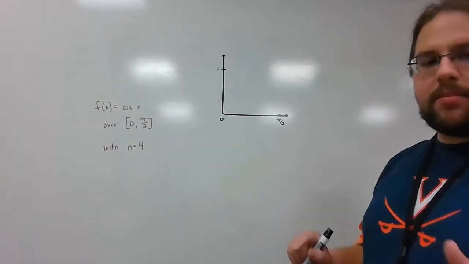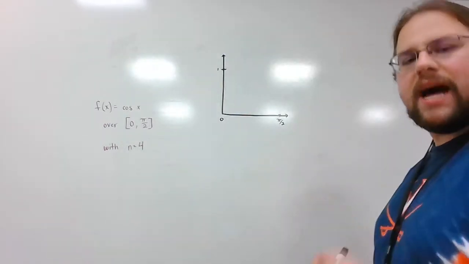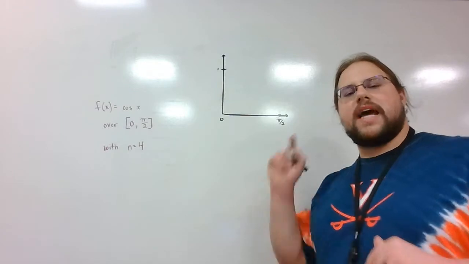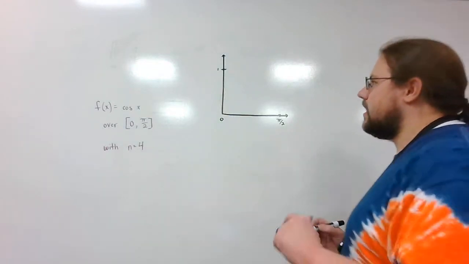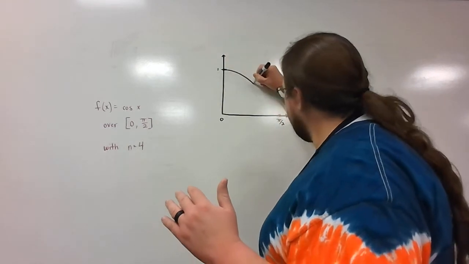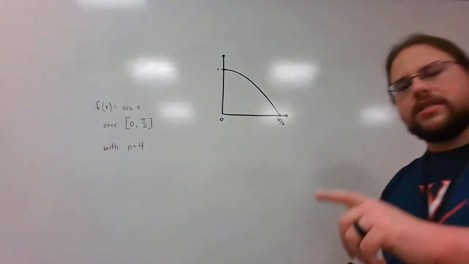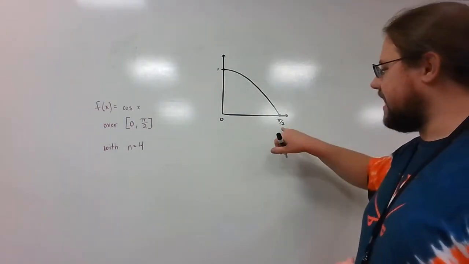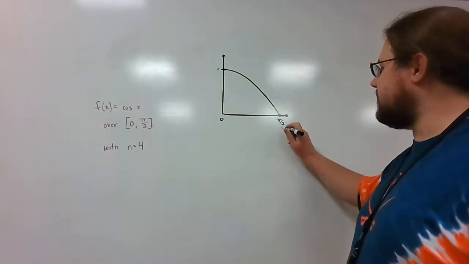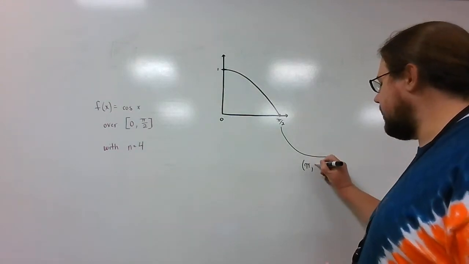If you remember anything about cosine of x, at 0 it starts at the very tippity top of its roller coaster. It starts at 1, which is its amplitude. As it starts up here, it slowly goes down, and it will have an x-intercept at pi over 2. It is going to keep decreasing all the way until it gets to pi comma negative 1.